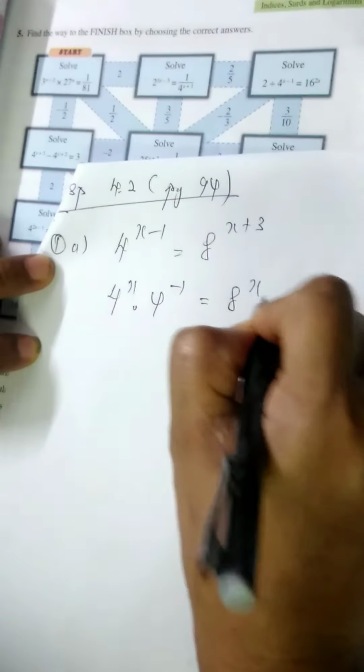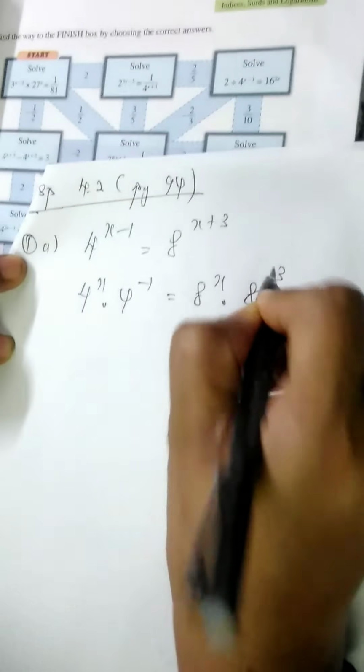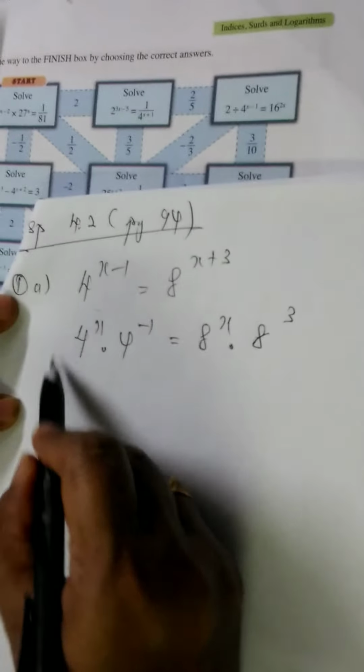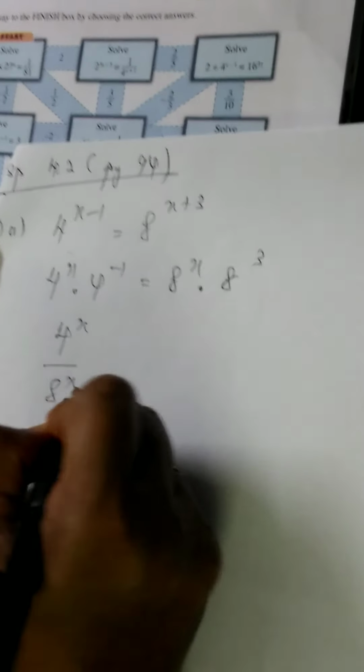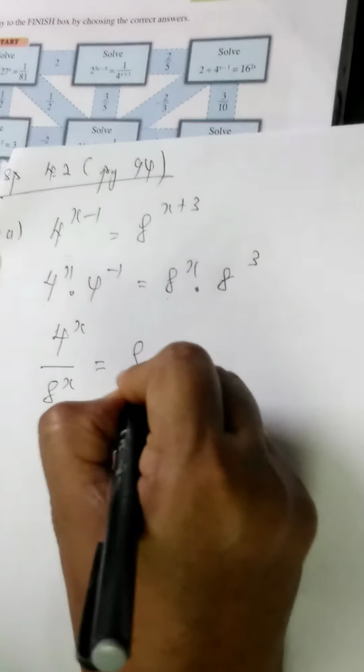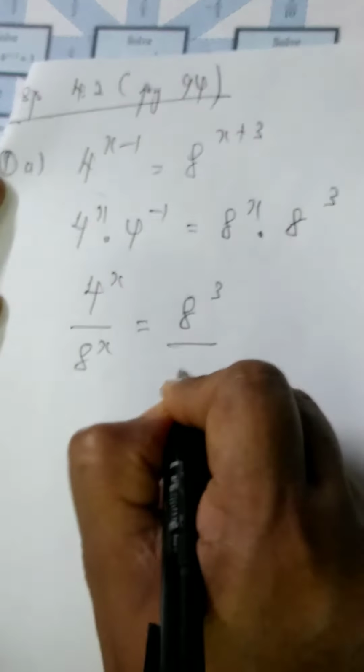This is 4 to the power of negative 1. This is 8 to the power of x, and 8 to the power of 3. So what you can do is bring all the bases with similar index to one side. So I'll bring this down here. So this will be 8 to the power of 3 over 4 to the power of 1.